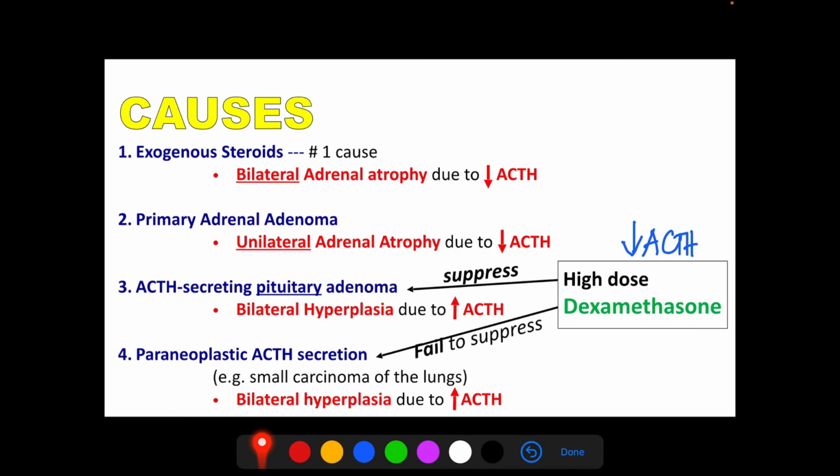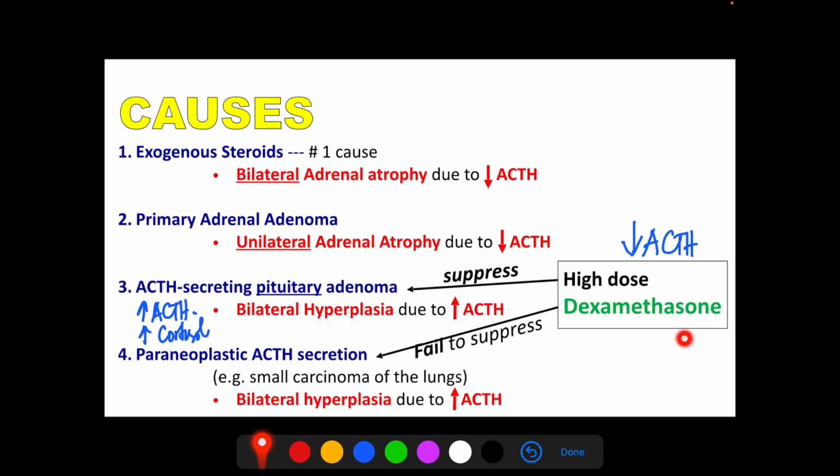Remember, this is an exogenous steroid, meaning to say it acts like cortisol. In the ACTH secreting pituitary adenoma, the pituitary gland itself has adenoma, and that adenoma secretes a lot of ACTH, right? And that increased ACTH will also increase the cortisol. But if we give the patient dexamethasone, it's as if the patient already has an increased cortisol level.